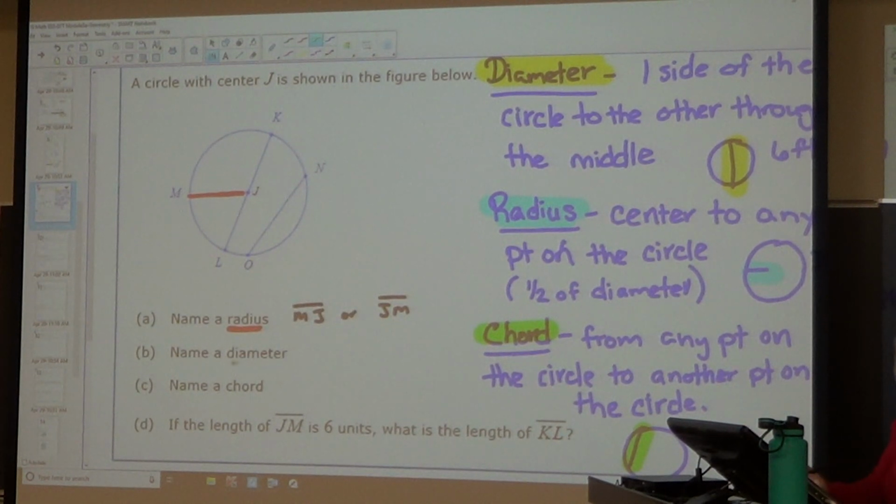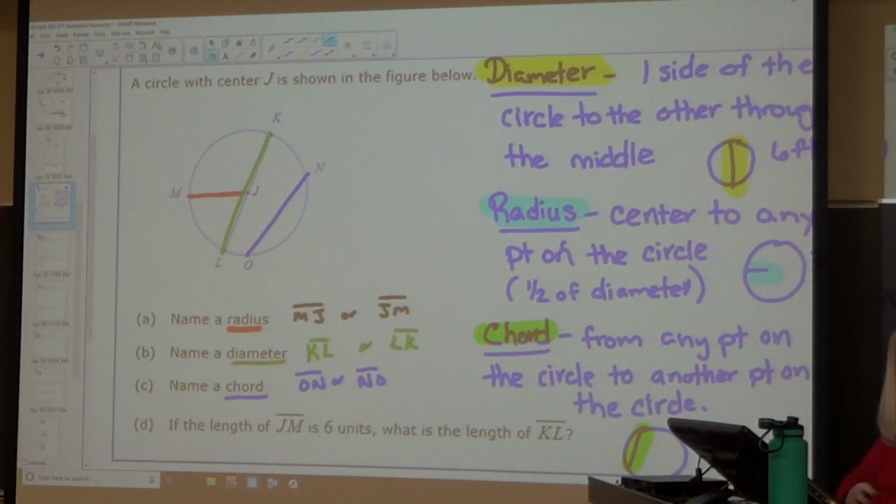My next question says, name the diameter. KL or LK? We good? Now, the chord is the one that just totally skips the middle of the circle. N-O. N-O or O-N. So that would be my chord.